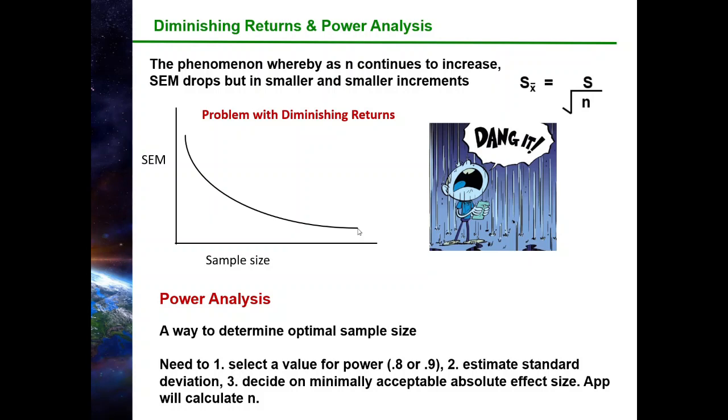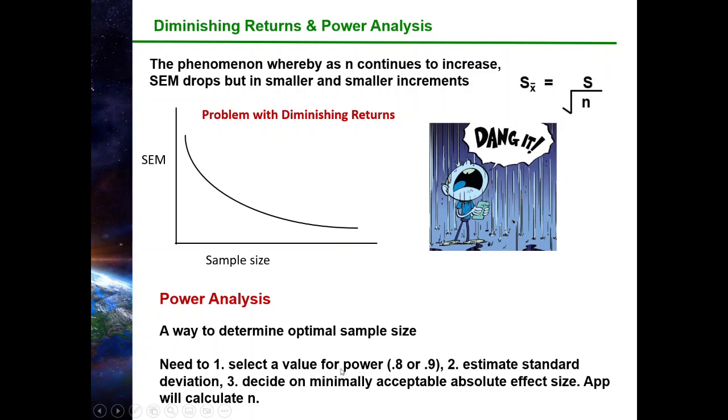And this particular analysis is going to determine what your optimal sample size should be. Now, it's a bit of guesswork, but it will give you some idea of how big your sample size should be.